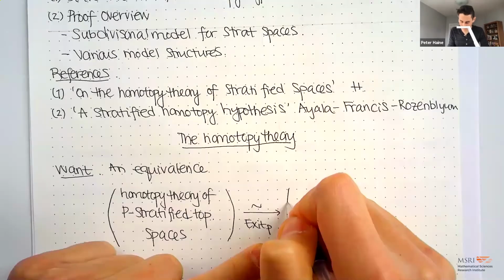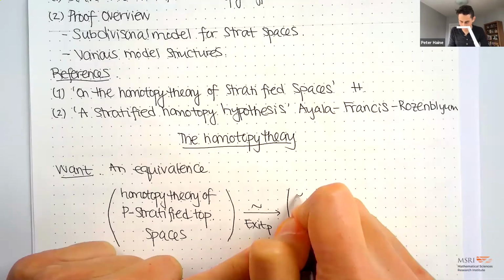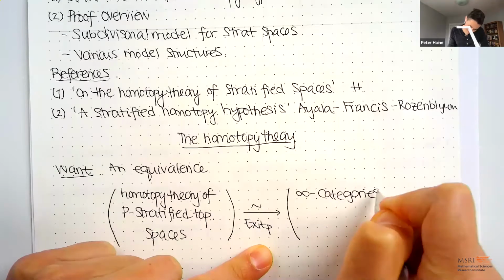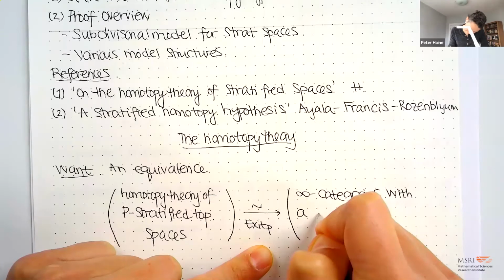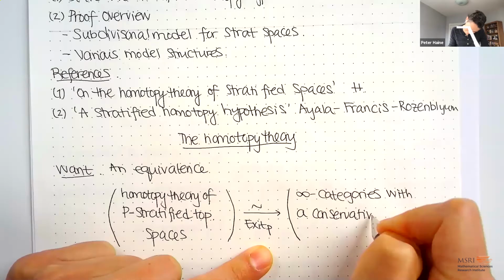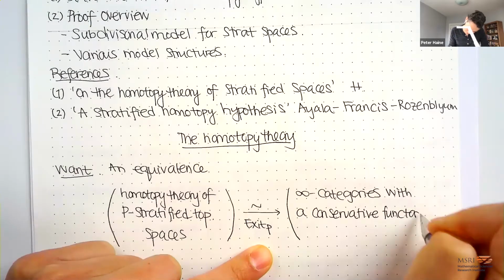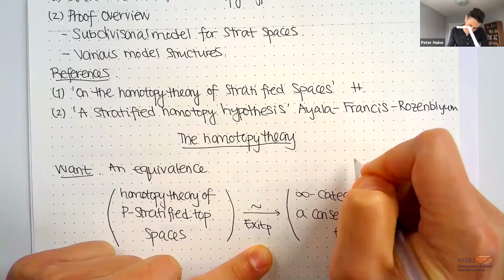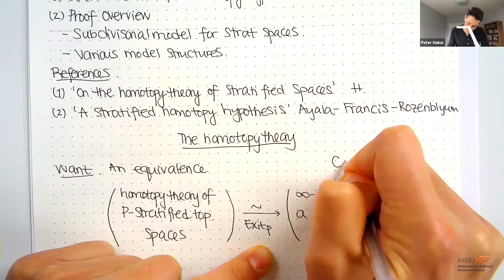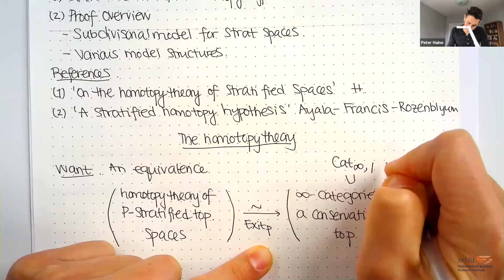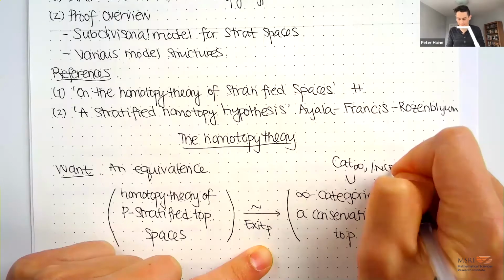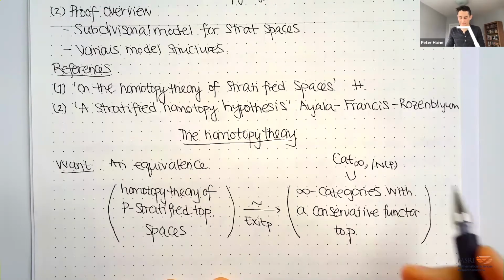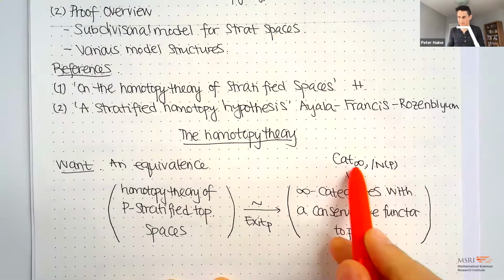And what did that produce? That produced infinity categories with a conservative functor to P. By that, I mean that this is a full subcategory of infinity categories over, to be pedantic, let me write N(P), but I may just write P at some point, such that the structure morphism is conservative.